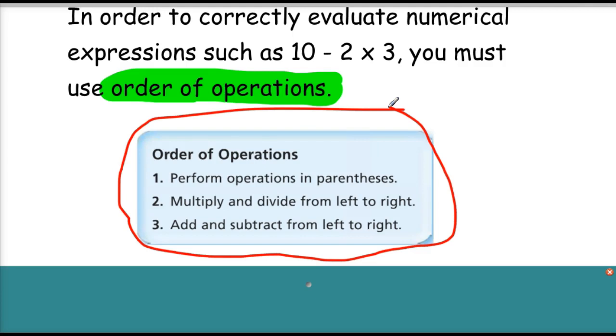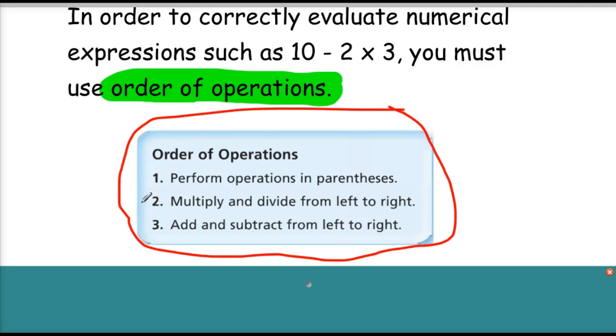Alright, so hopefully you paused the video and you wrote down the order of operations into your math journal. So let's look through these really quickly, and then we're going to apply them using some word problems. So first of all, if I have a numerical expression in front of me, the first thing I'm going to look for is parentheses, because my first step in order of operations is to perform operations in parentheses.